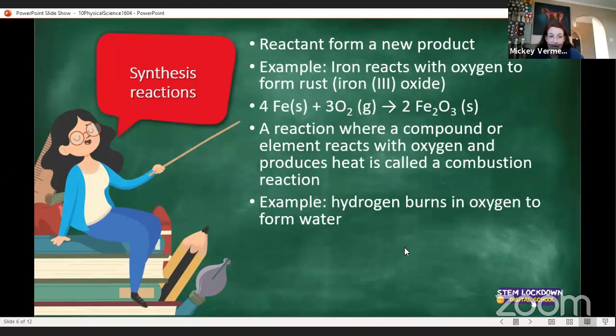Please don't worry about them now. They're really cool, but they're a lot of work. And redox reactions could also be a combustion reaction. So this is where it is important. Combustion produces heat.